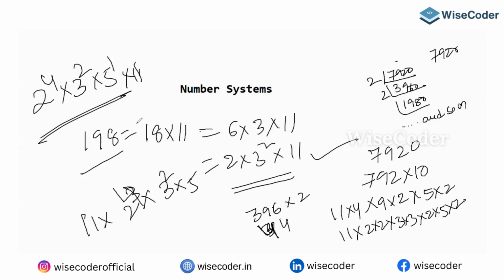That's why the factorization will help you a lot. Whenever there is a large number, follow this procedure. If a number is divisible by 2, check the divisibility rule of 4, which means the last two numbers, and check the divisibility rule of 8. If the number is divisible by 3, check the divisibility rule of 9 as well, because instead of dividing with 3 and 2, why can't you divide with 4 and 8?